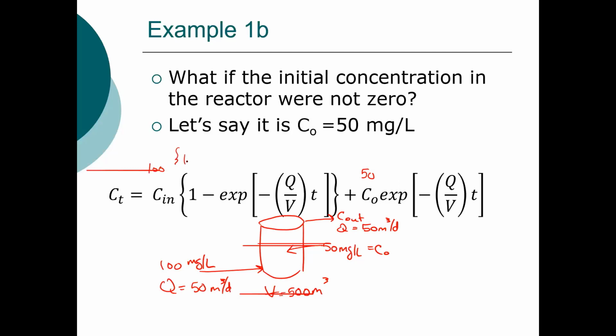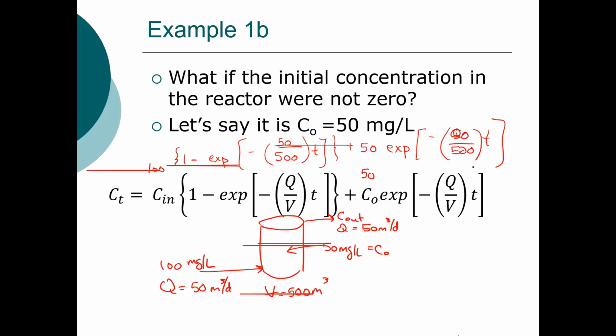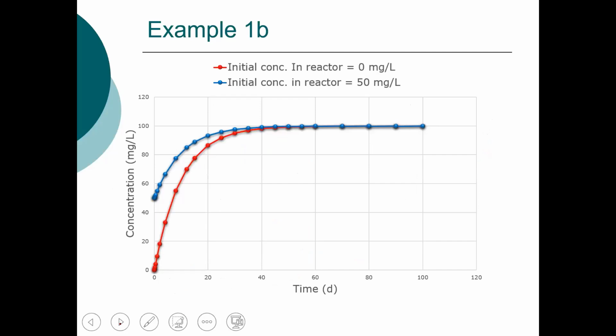So it's 1 minus exponential of minus Q, which is 50, over V, which is 500, times the T value that we use, plus 50 here, exponential of minus Q over V, 50 over 500, again times T. So the answer is 100.